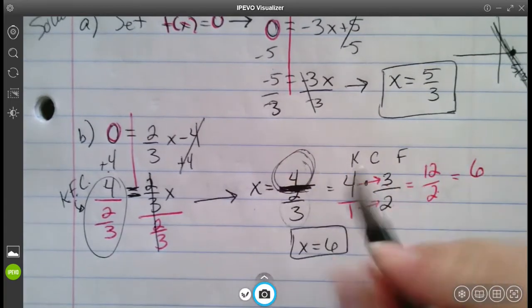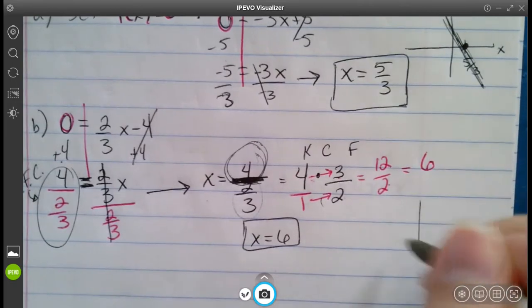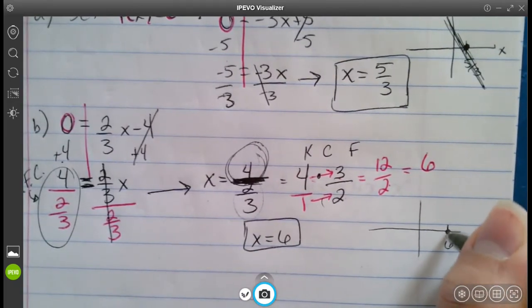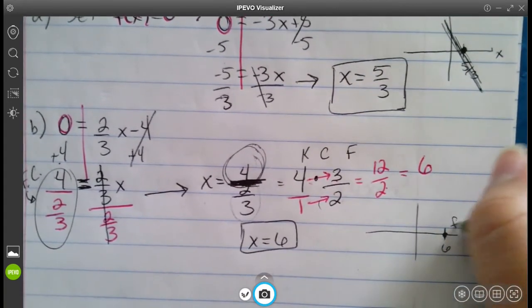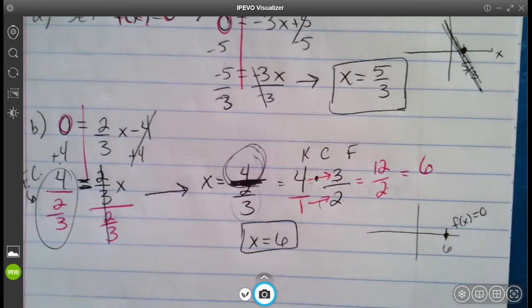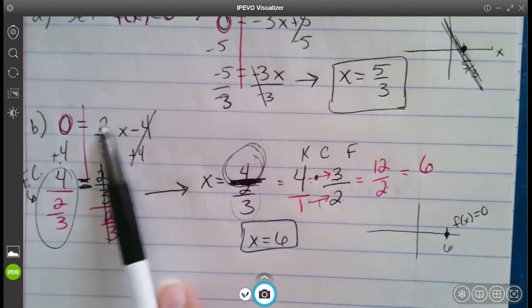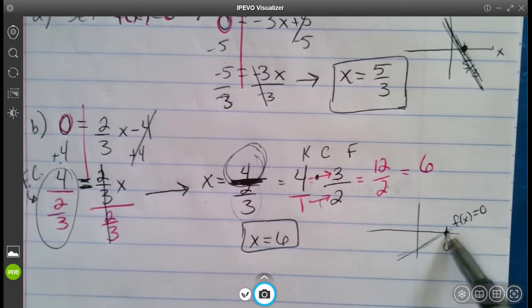So that means that on this one, the graph, let's see, it's also a linear graph at 6 over here somewhere. Okay, this is where f of x is equal to 0, or y equals 0, whatever you want to use. And it looks like this graph is positive, so it's probably something like that.